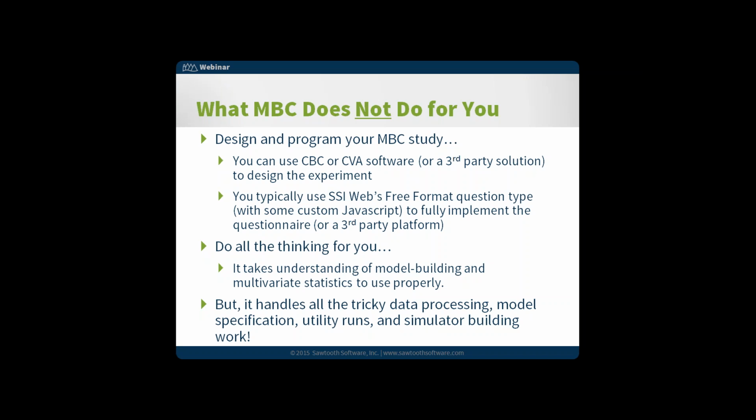It's going to involve some custom JavaScripting that you'll need to do to fully implement this questionnaire, or if you've got another third-party platform that you prefer to program in for creating web-based surveys, and it has the sophistication to be able to build these kinds of menus and do some custom JavaScripting, feel free to use those as well.